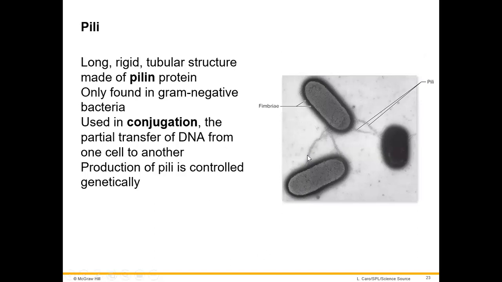As you can see, some bacteria here are being joined together by the pili. The bacteria can actually transfer DNA from one cell to another. There's a specific gene the bacteria has to have to make the pili and exchange the genetic material.